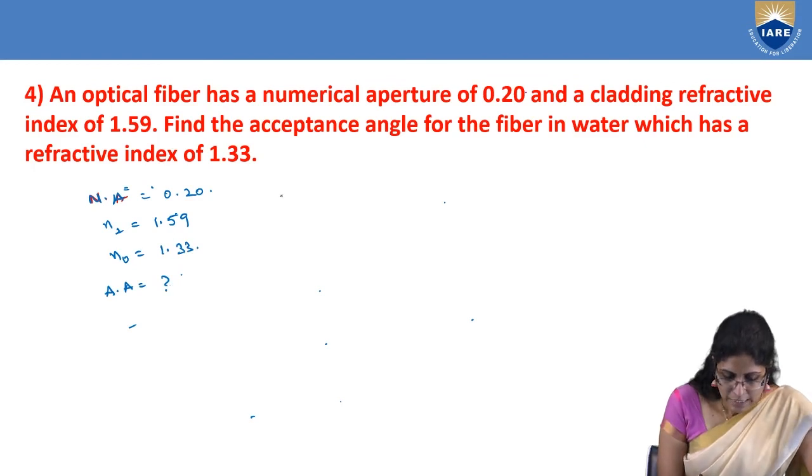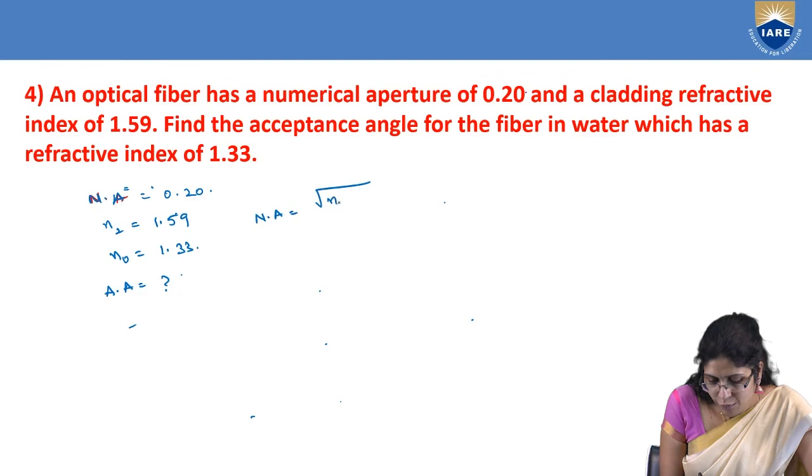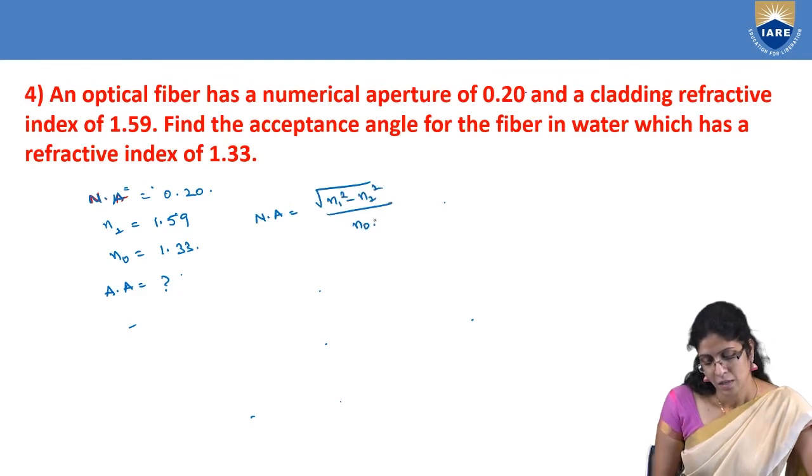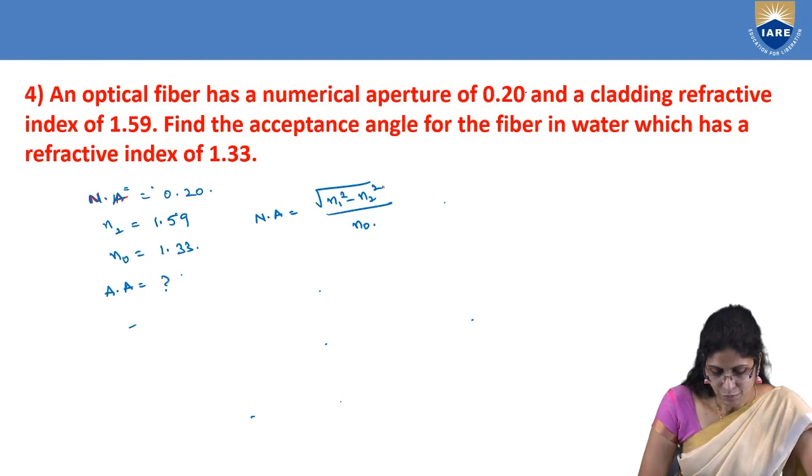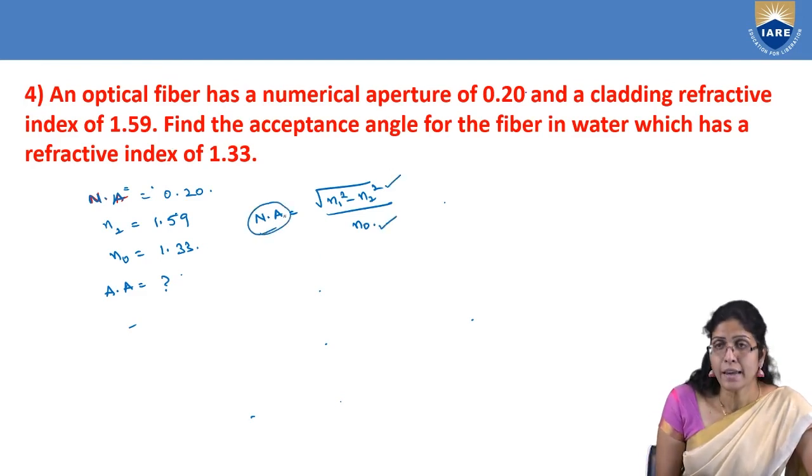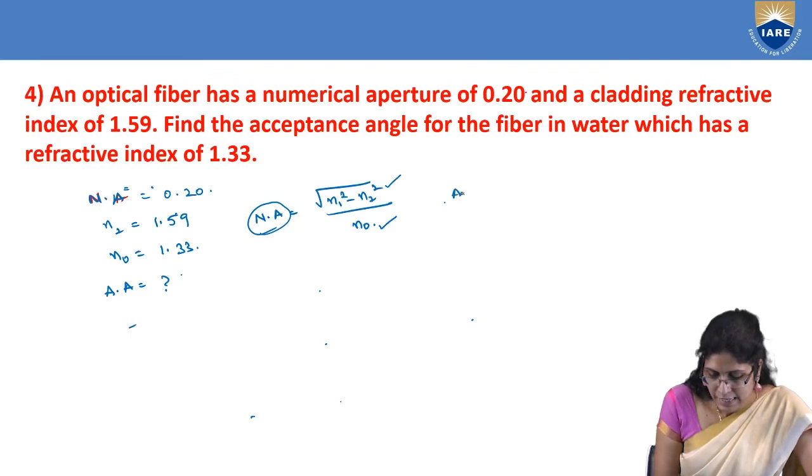So we know that the numerical aperture is equal to square root of N1 square minus N2 square by N0. We have N2, we have N0, we know NA, that is the numerical aperture. Just substitute them and find out N1. And we know that the acceptance angle is equal to sine inverse of the numerical aperture.